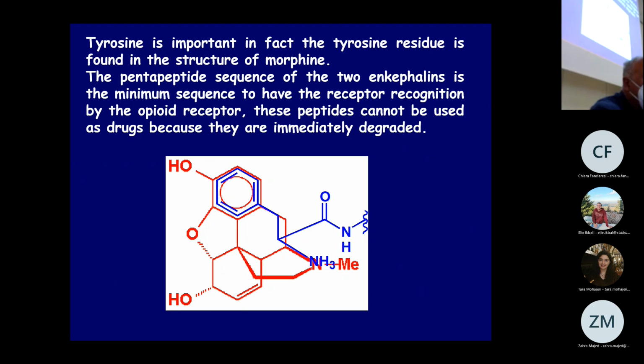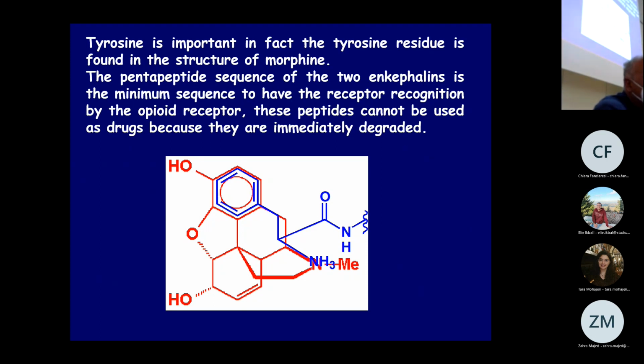But in the structure of morphine, we can find the chemical structure of another neurotransmitter that we have already seen. Aromatic ring, 2 OH, ethyl chain, basic group. This is the chemical structure of dopamine.